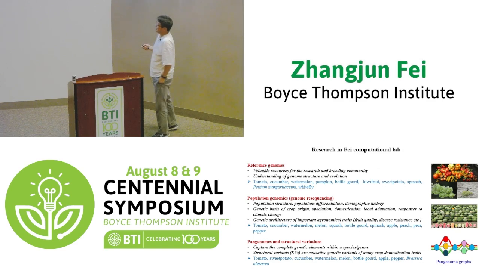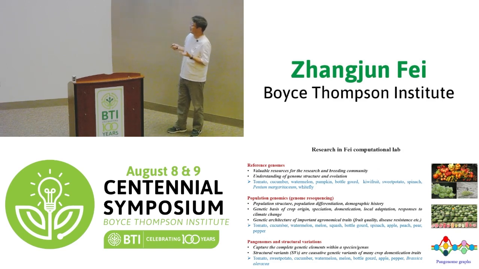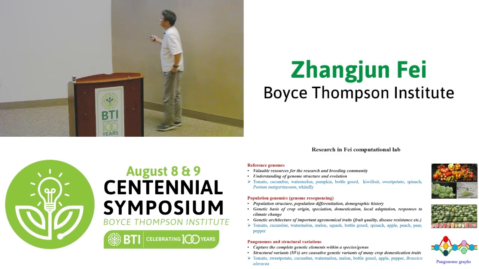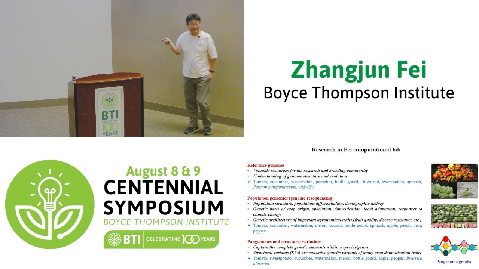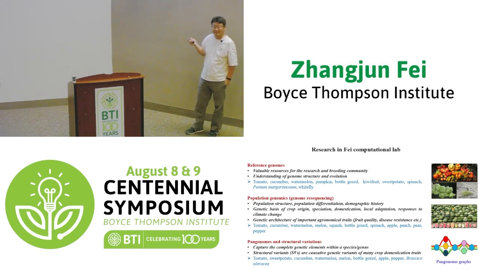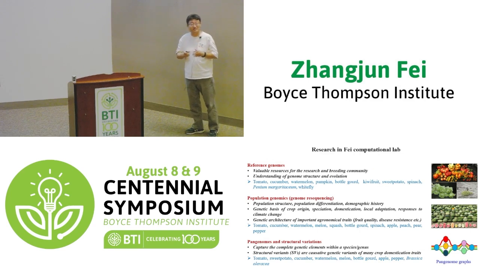By definition, a pangenome captures the complete genetic elements within a species or genus because it uses multiple representative accessions to construct it. And the pangenome is now mainly built using a graph-based approach. The sequences of multiple genomes are captured in pangenome graphs.